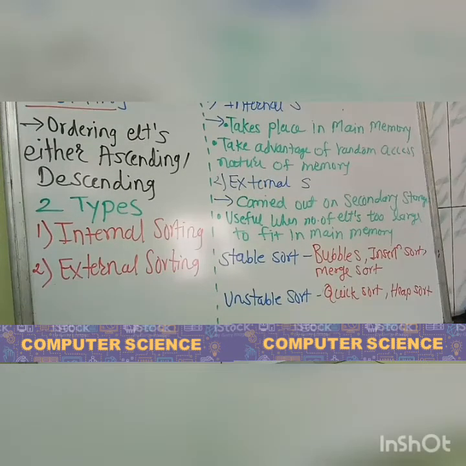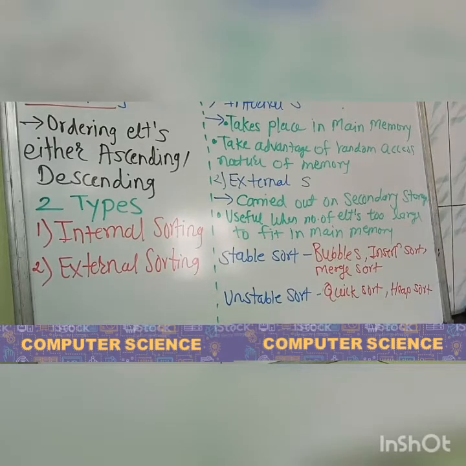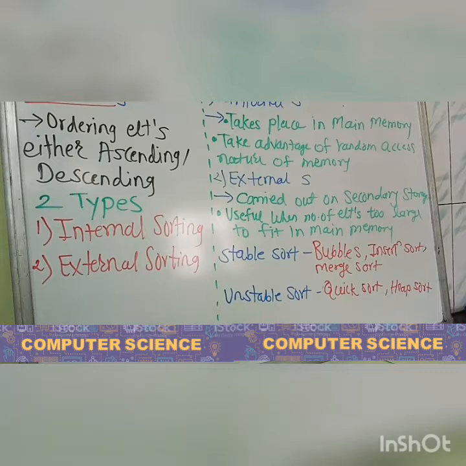To achieve all these mechanisms, we use sorting techniques. But what is the main benefit of sorting? When we use sorting techniques, we can access the data in a limited amount of time and get the output in a few seconds, meaning the system throughput is always better. That is why we use sorting techniques.